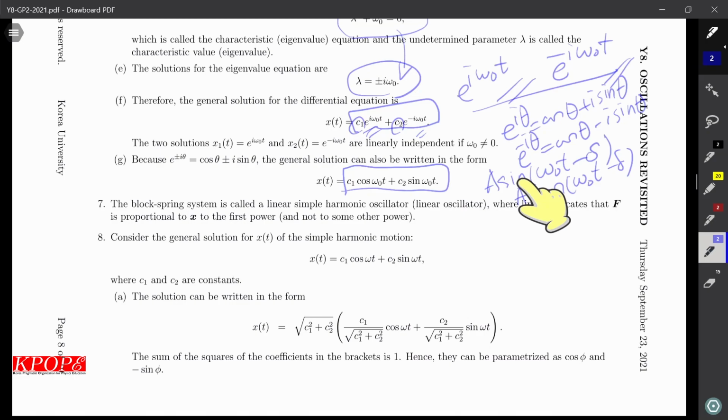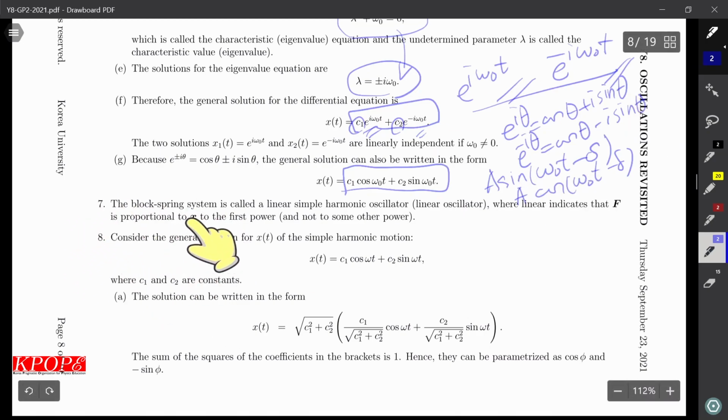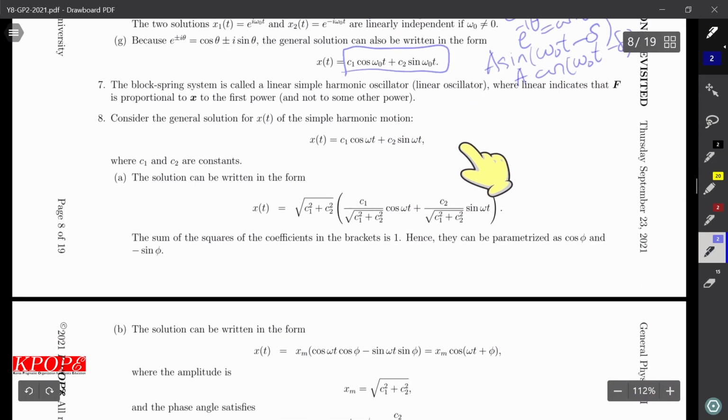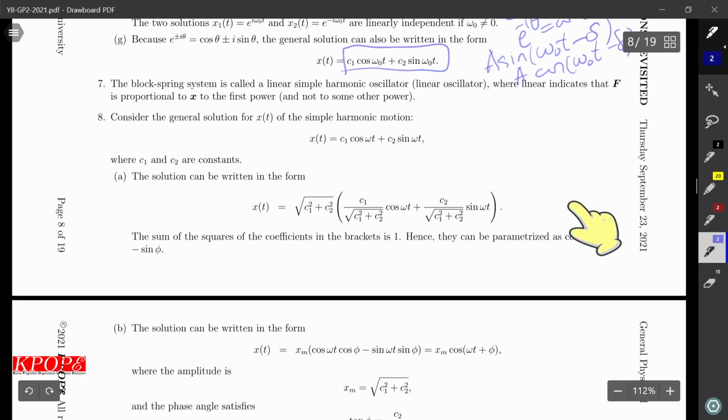Combining the two terms into a single piece is expressed in problem 8. We have cosine kept the same.